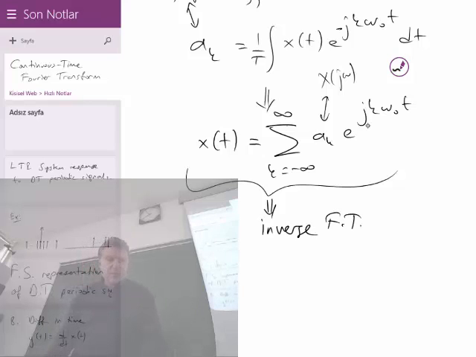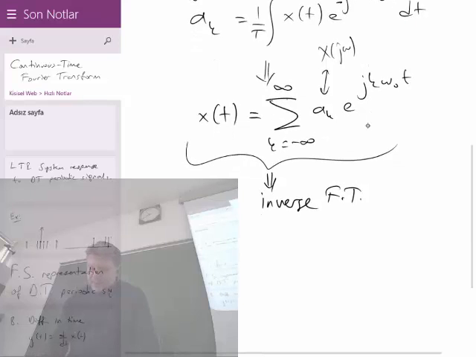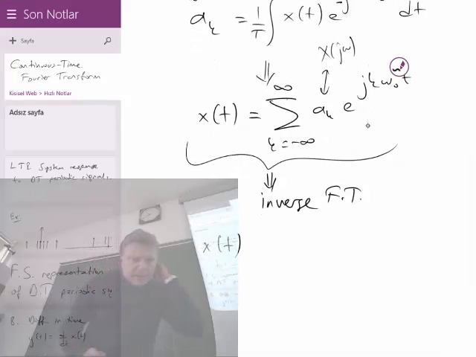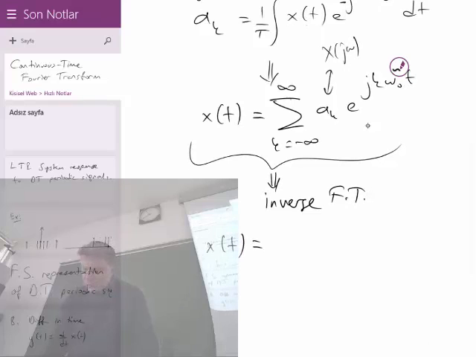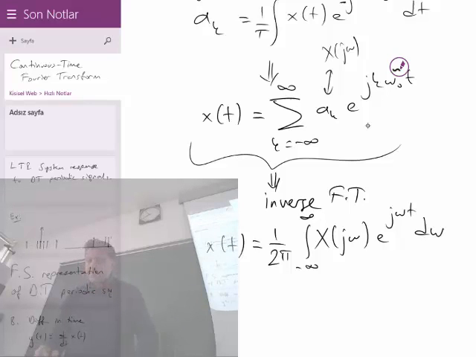And that inverse Fourier transform formula that we have is x of t. Let's be rigorous about this, because I don't want to change the definitions with respect to books. It has a few definitions, unfortunately. X of t is one, with a 1 over 2 pi scale, from minus infinity to infinity, x of j omega e to the j omega t d omega.